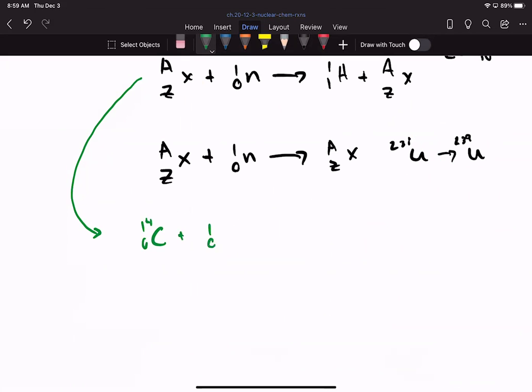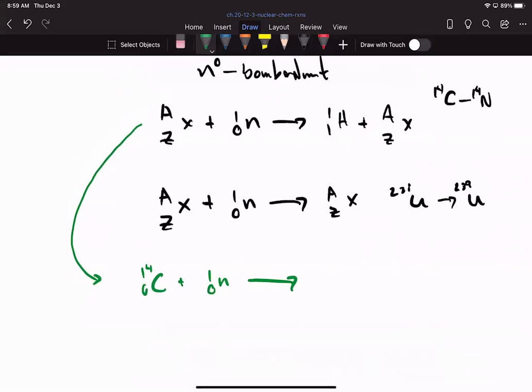We're going to add 1 neutron to it, and we're converting this to nitrogen 14. So from that, we're going to get 1 proton, plus nitrogen 14, because that's what I've told you here.